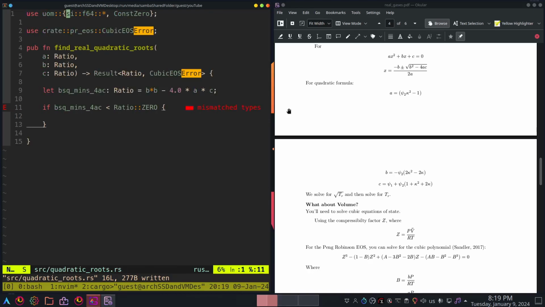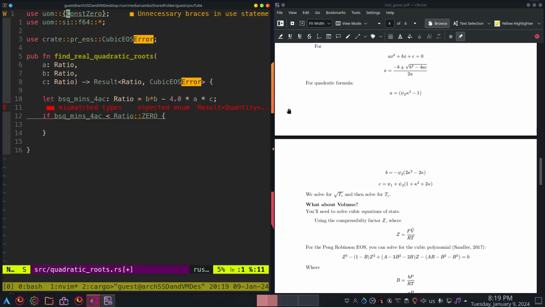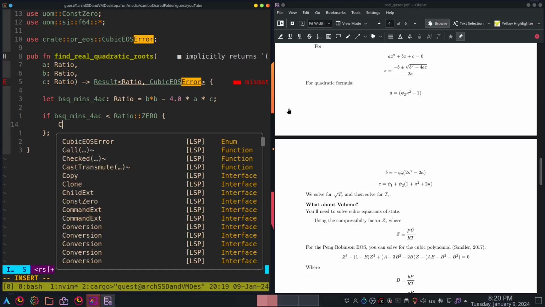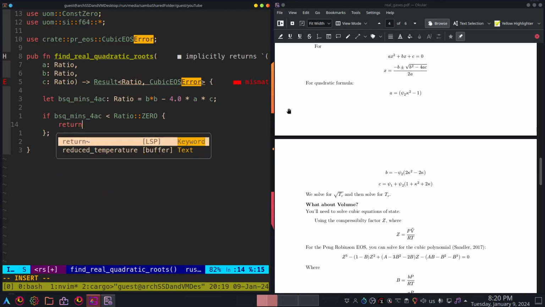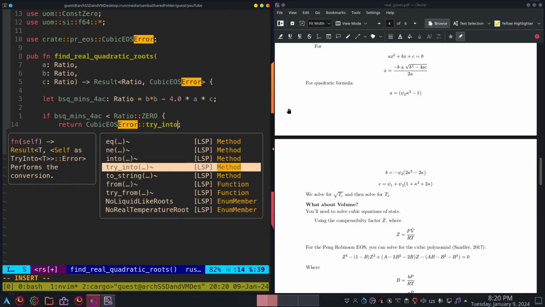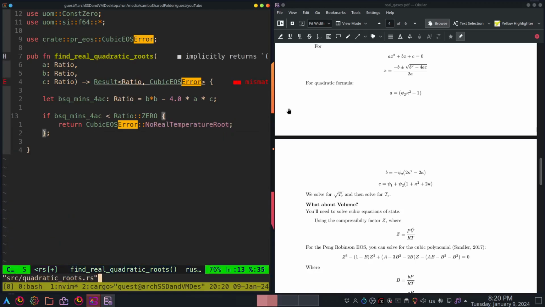I want to separate this out. That's how I like it. If b squared minus 4ac is less than 0, then I will have a cubic EOS error. Return cubic EOS error, and I'll have no real temperature root.